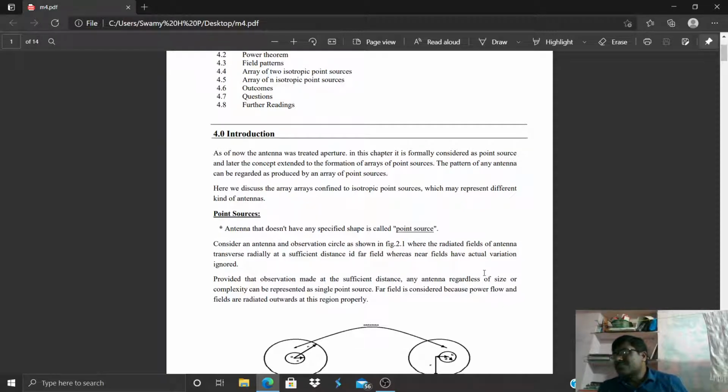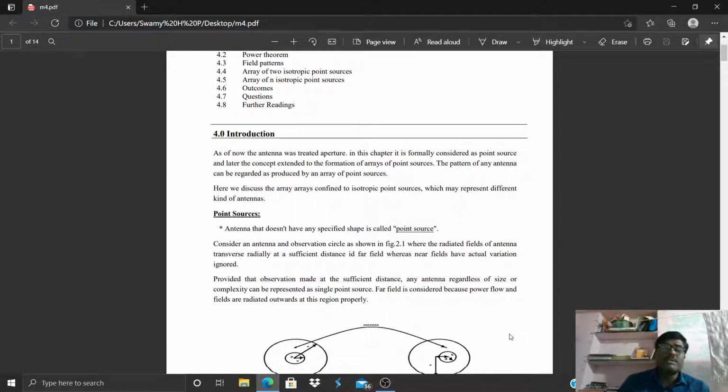So one wire looks like a point charge, a point source which emits electromagnetic energy or radio energy. Therefore the antenna is shapeless, not having any specified shape, and it is called a point source.